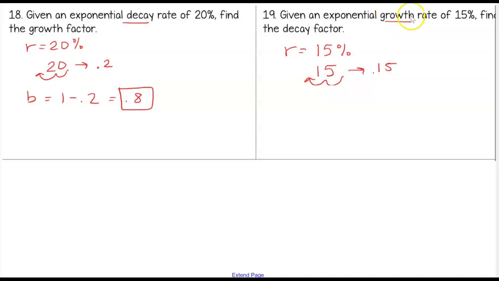Now, this is a growth one, so what would that factor be? Okay, we're going to add it with 1, so that's going to be 1.15. And that's it. That is the last lesson on growth and decay for Unit 2, Lesson 9.